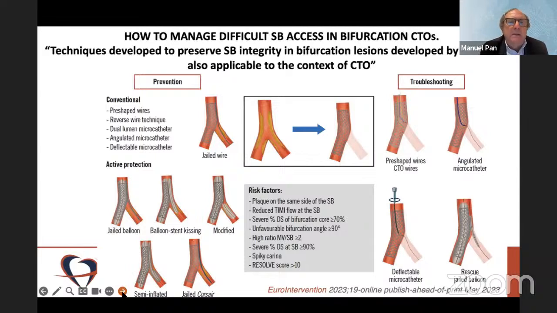To summarize, for prevention of the side-branch occlusion, we recommend the use of the jailed wire. Sometimes it's difficult, and to facilitate this maneuver, dedicated microcatheters are useful: the Angiolator or dual lumen catheter, deflectable microcatheter, etc. And all these recommendations are useful for the bifurcation lesion located in the CTO.